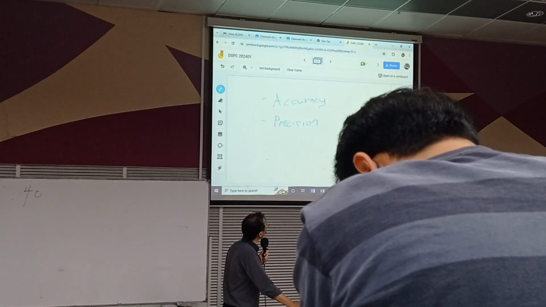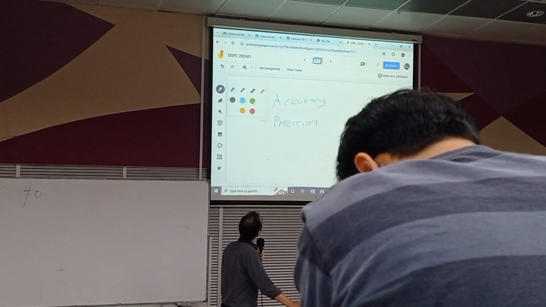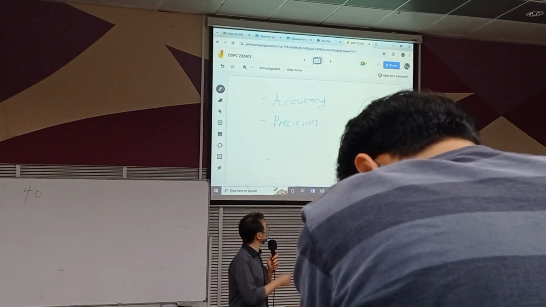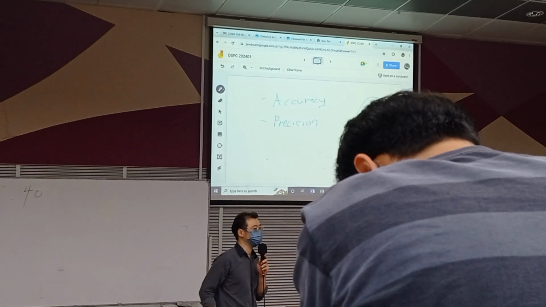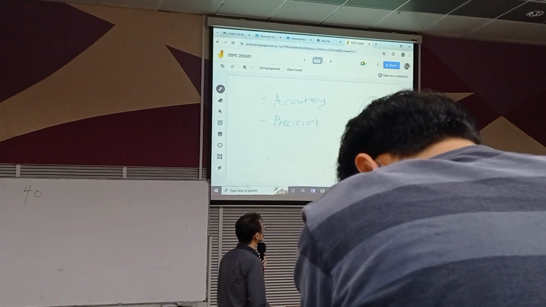If you want accuracy, let's say this is your target, and you throw darts, and it hits here. This one is called accuracy because the center point is the point that we are targeting. And you see that is quite accurate, right?